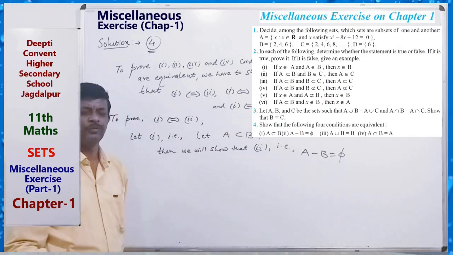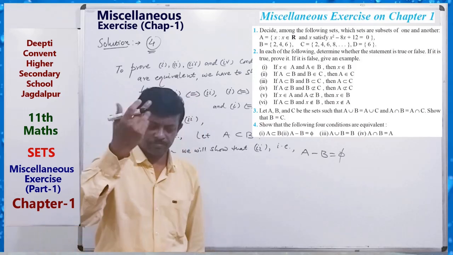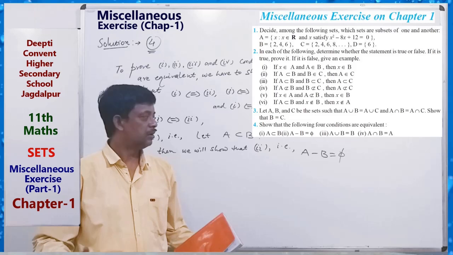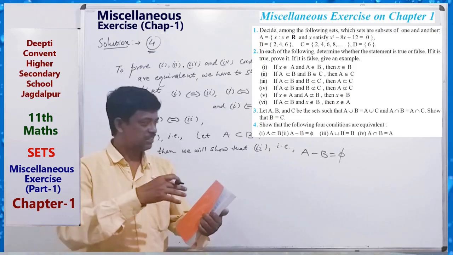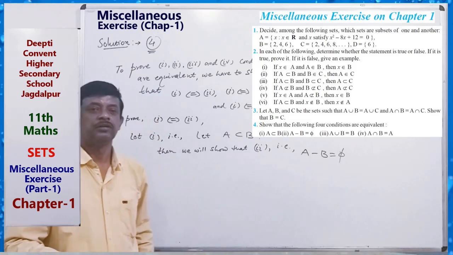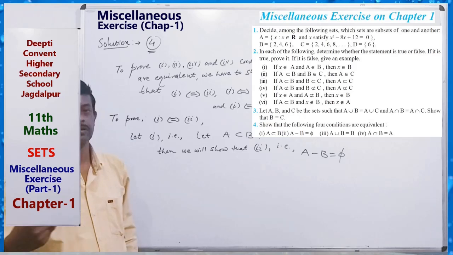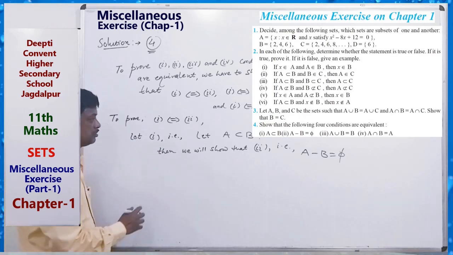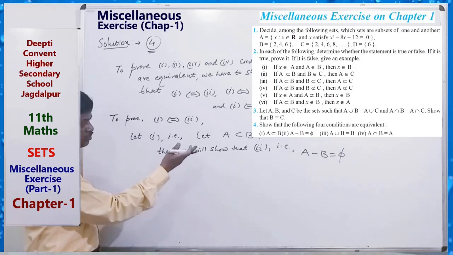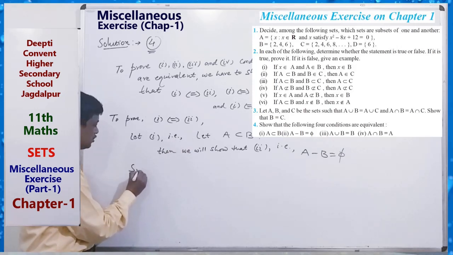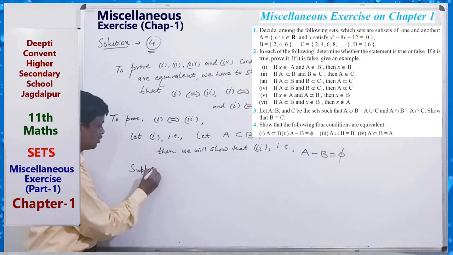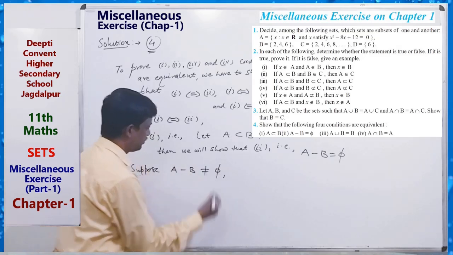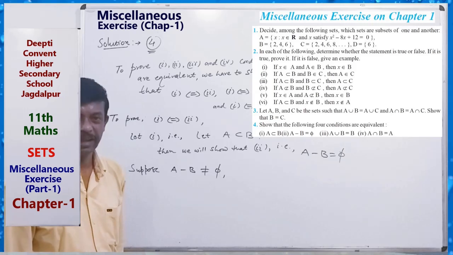Whenever in the case of relation between sets, whenever we have to prove some expression involving sets is equals to phi, we can consider the contradiction case. Let us suppose A minus B equals to not phi.